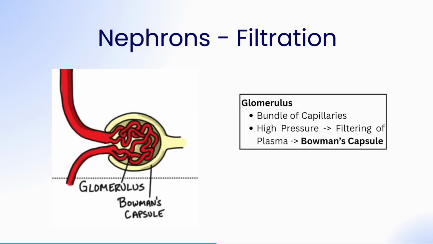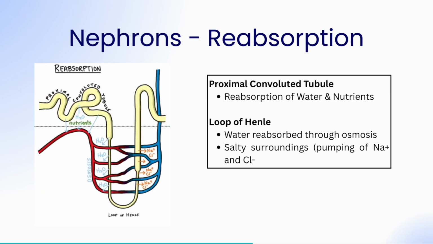When you try to sieve some liquid, the smaller proteins or the smaller molecules end up filtered out alongside the water. What is left is the red blood cells and larger proteins, and that just exits out the vein. The other part, which is now called the filtrate, enters the rest of the nephron.